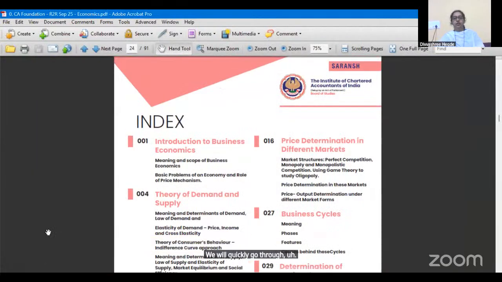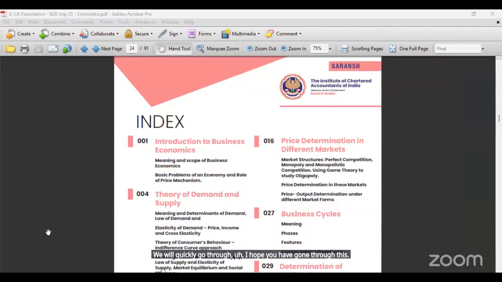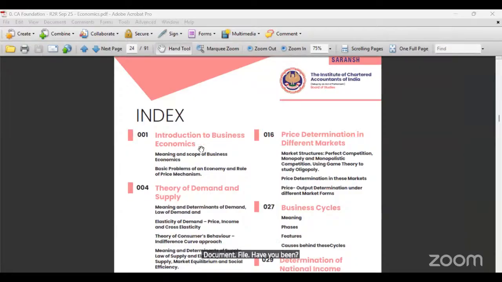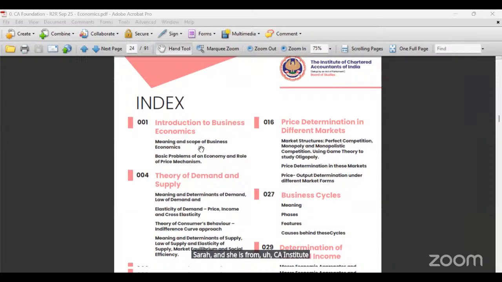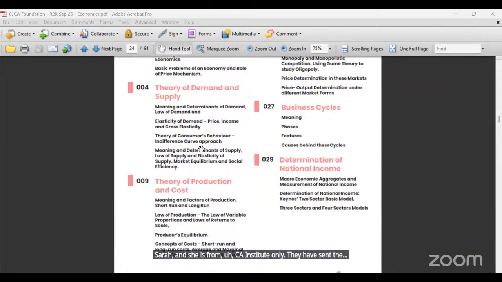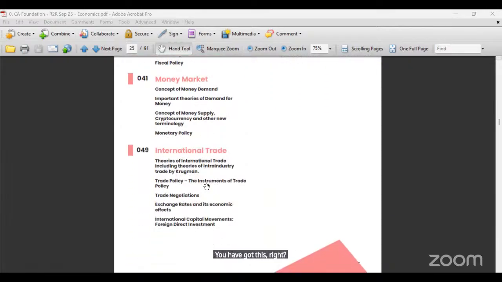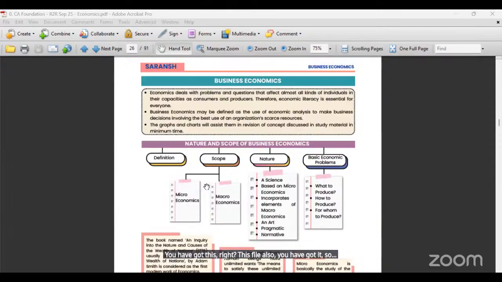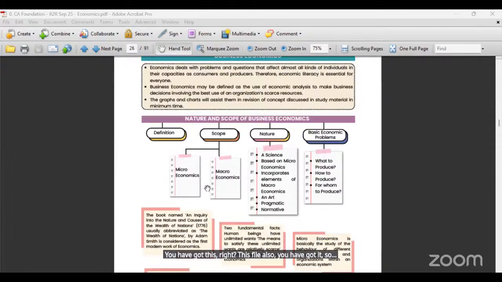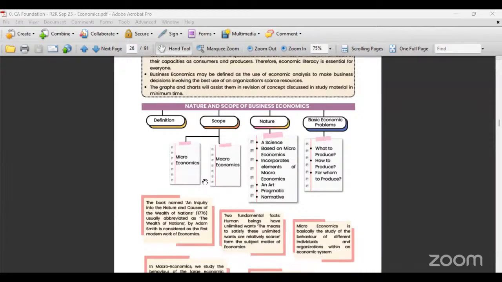I hope you have gone through this document file. Saransh, it is from the CA Institute only. They have sent the summary of each chapter. You have got this, right? This file also you have got. So the first chapter, 5% of questions will come from this.